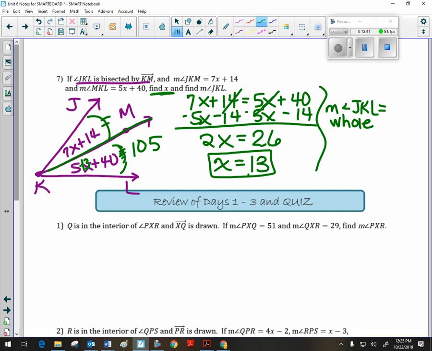And when I take the 13 and I put it in here, 7 times 13 is 91 plus 14 is 105. So the measure of the whole entire angle, which is what they were asking for, is going to be 105 plus 105, which will be 210 degrees. So we have to add them together in order to answer their question.